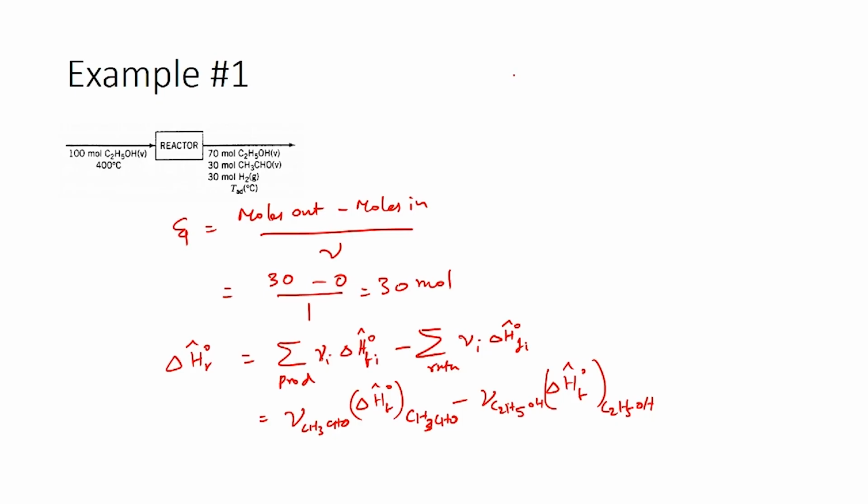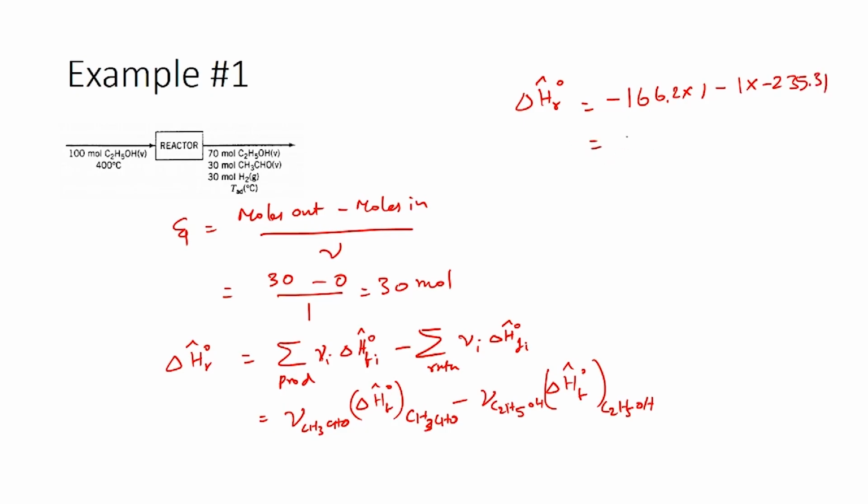So, from the tables we can get the heat of formation for acetaldehyde and the heat of formation for ethanol, and if we were to plug those values in, you are left with delta HR cap equals minus 166.2 times 1 minus 1 times minus 235.31.